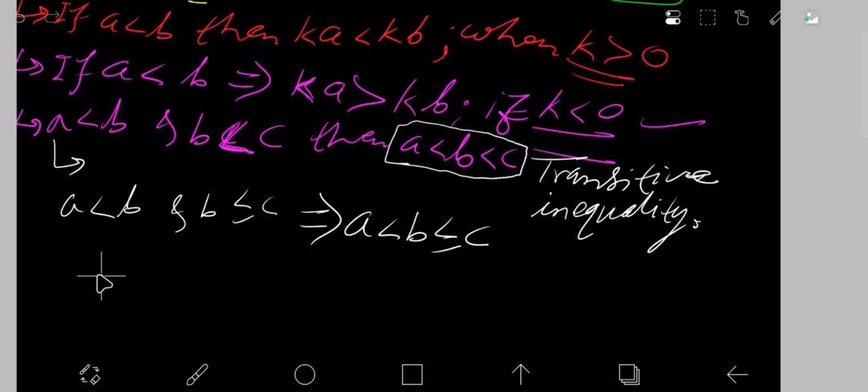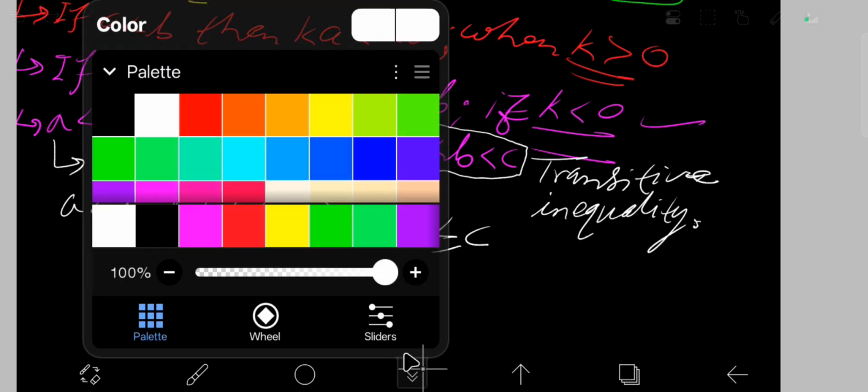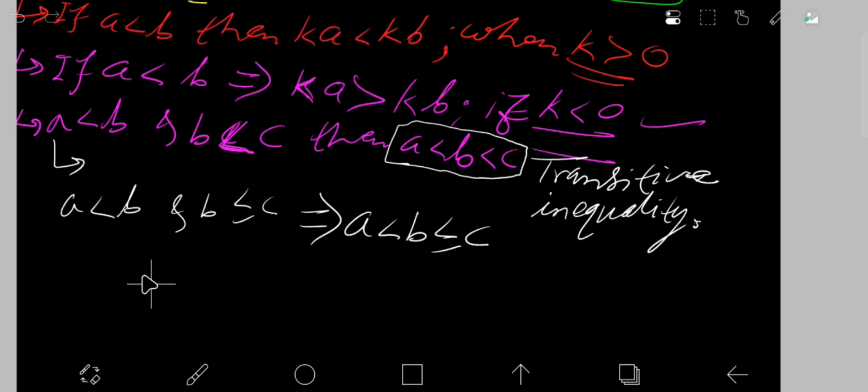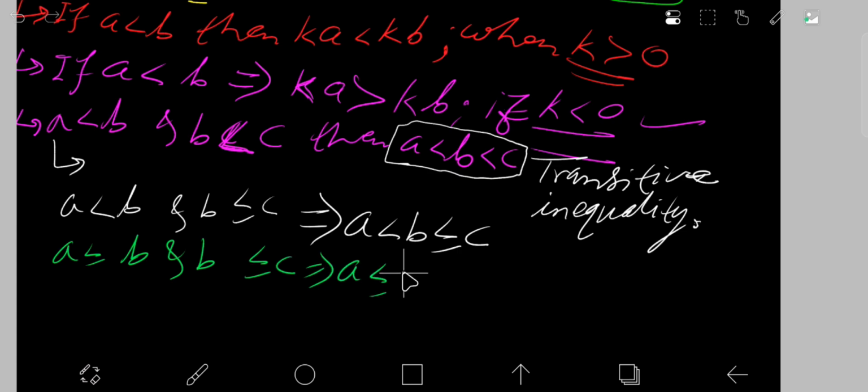The third: when a is less than or equal to b and b is less than or equal to c, then we also write a is less than or equal to b and b is less than or equal to c.